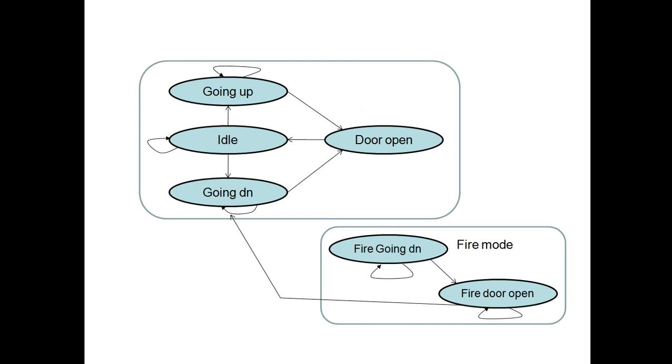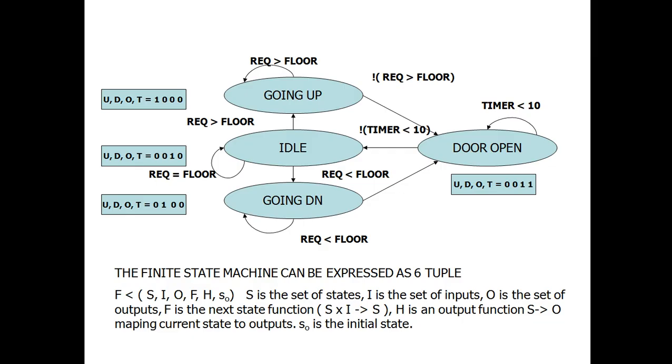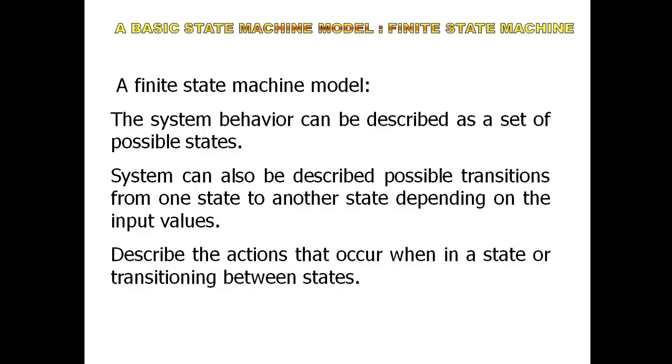Now, we have the same state machine that we described in the previous lecture, where we saw how the state machine works and the programming conditions that were met. Here we have this specific finite state machine.